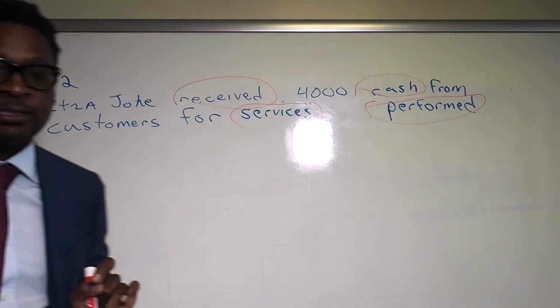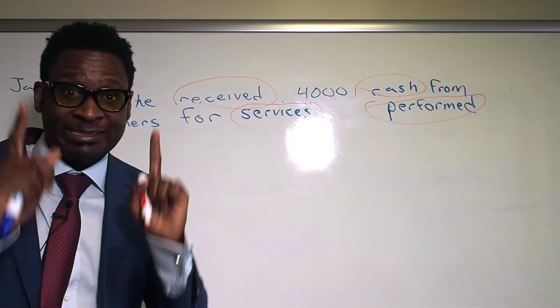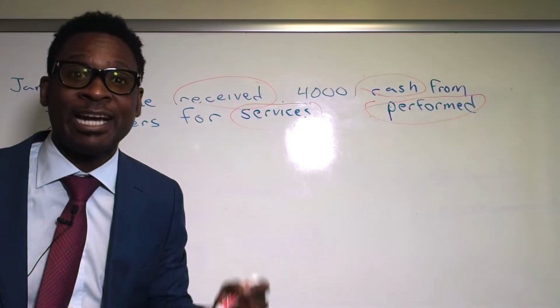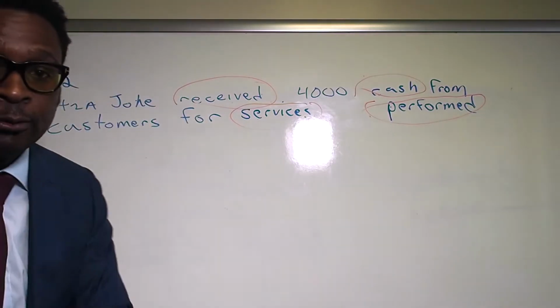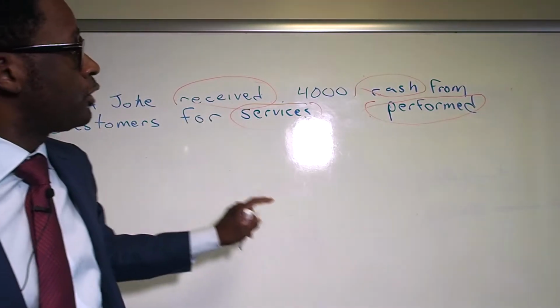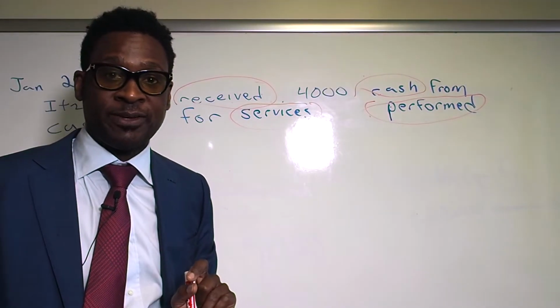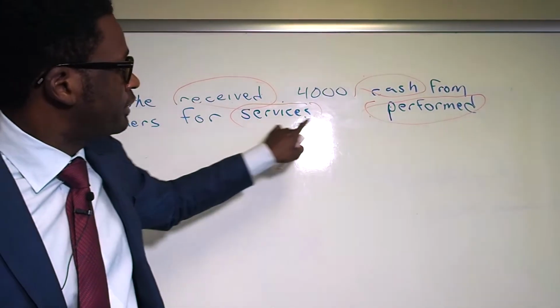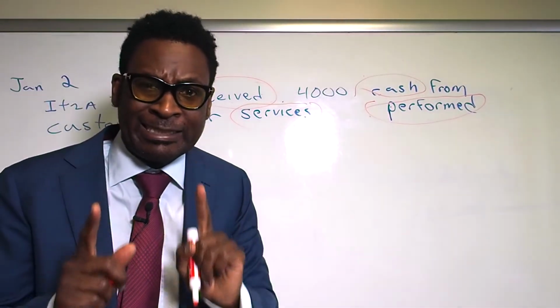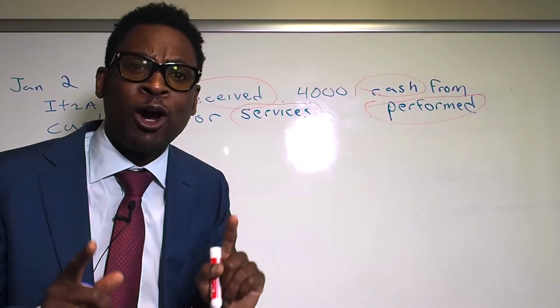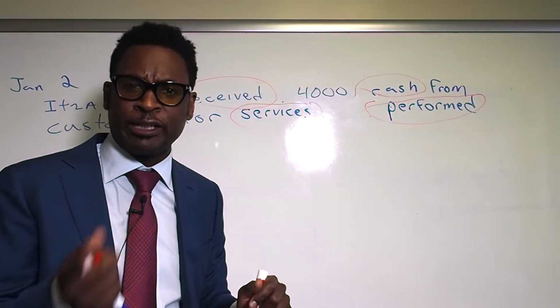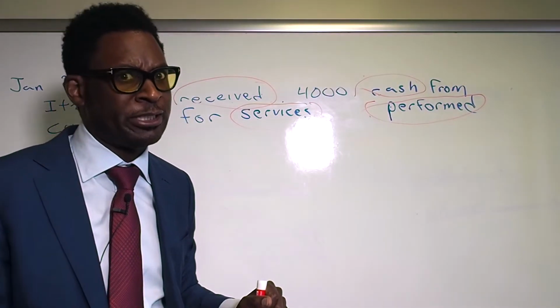So once we identify those keywords, then it's time for us to find out what accounts are affected. The keywords are going to always guide us, so we know already that we receive cash. Cash is an account that's affected, and services performed is the definition of what we know to be called revenues. Anytime that we provide a service or sell a product, revenues are being generated.